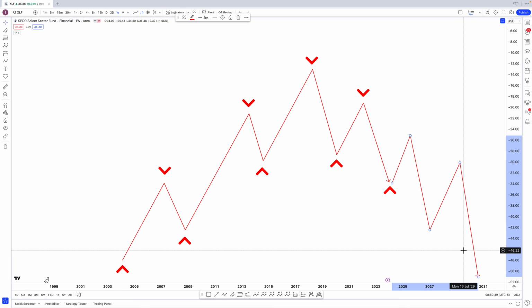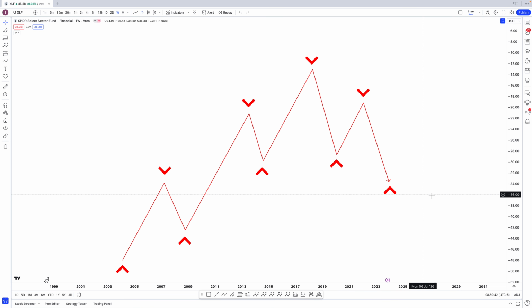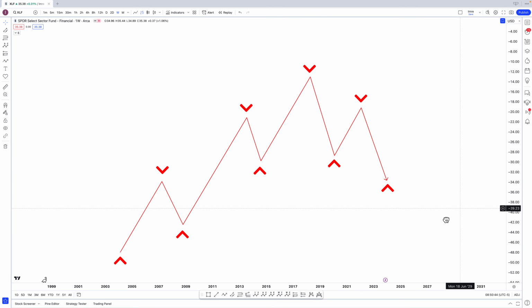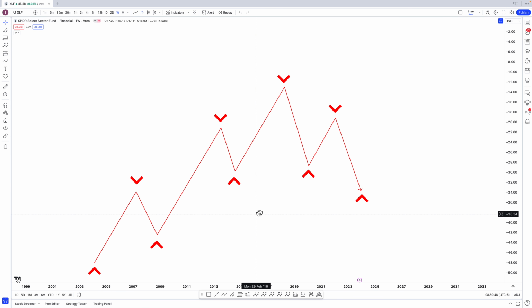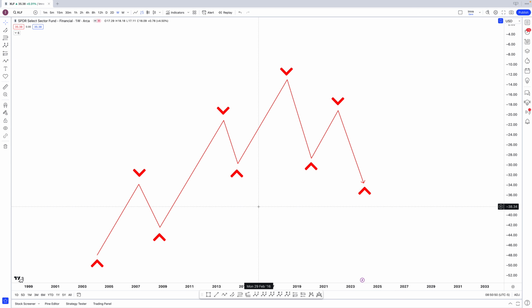Of course that's possible. I've seen it. You've seen it. Everyone's seen it. So as of right now, what can I tell you? I can tell you that the uptrend is broken based on this very simple mechanical framework. The series of higher highs and higher lows on the left has been broken.